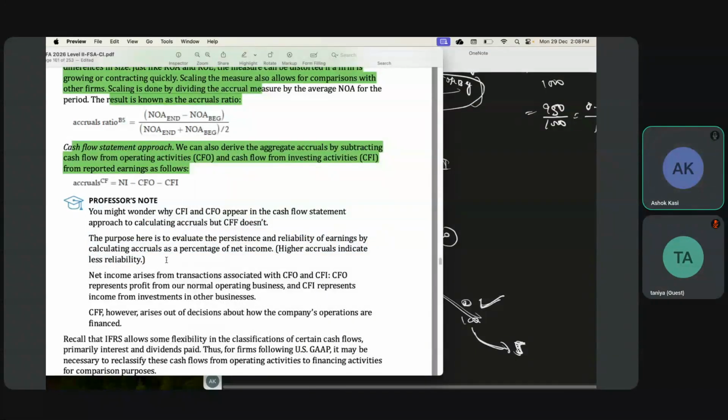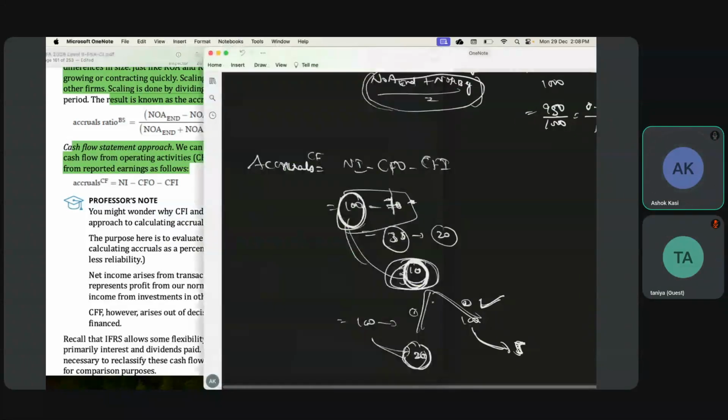This is also a good point. If we get 5 rupees accrued, that means 95 is all cash, and that cash has gone into CFI. So we can say: accruals, the lower the better.